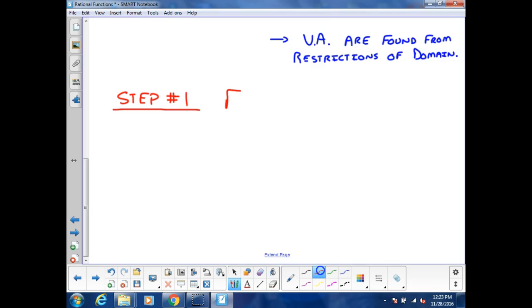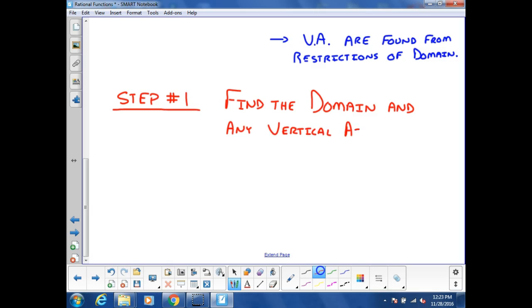It is find the domain and any vertical asymptotes.